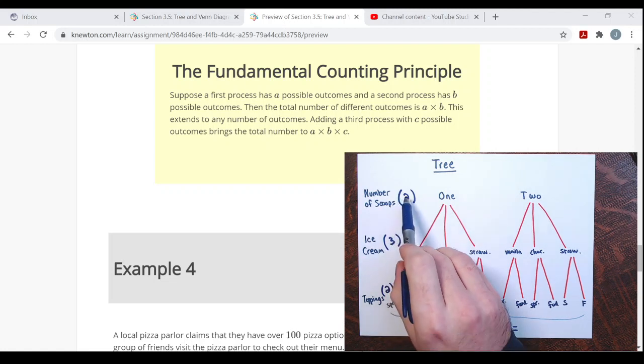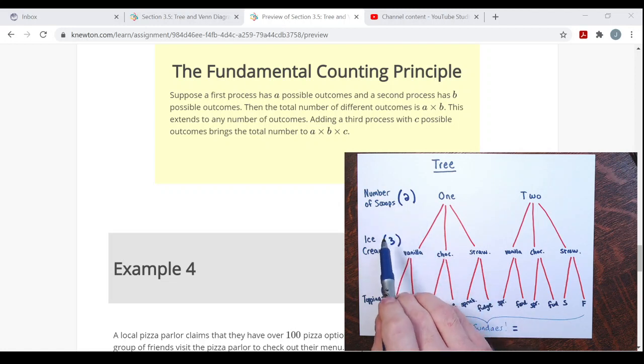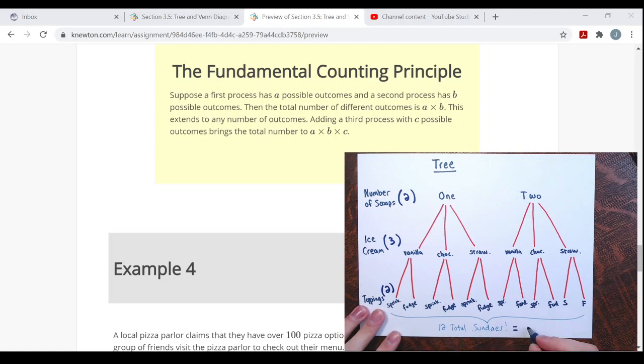But if you're only choosing one of these numbers of scoops, one of these flavors of ice cream, one of these toppings, then the total number of sundaes is going to be 2 times 3 times 2, right? The number of scoops to choose from times the number of flavors to choose from times the number of toppings to choose from. And 2 times 3 is 6, times 2 is 12.